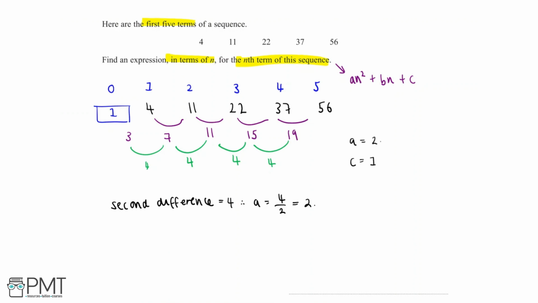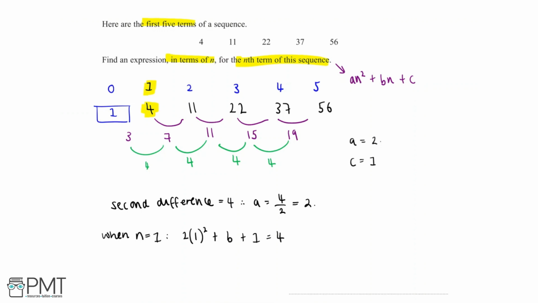Now to find b, we need to substitute in a value of this sequence. So now let's take a look at when n is equal to 1. When n is equal to 1, the value of the sequence is equal to 4. So now we can use this information to find the value of b. We know that a is 2, so 2n squared, but we said n equals 1, so 2 multiplied by 1 squared plus bn, well n is equal to 1, so that's b, plus c, and we said that c is equal to 1, equals 4, which is the first term of the sequence.